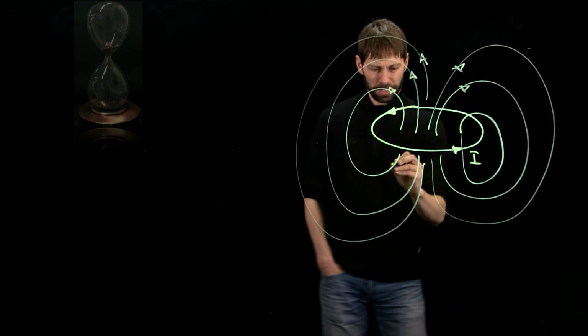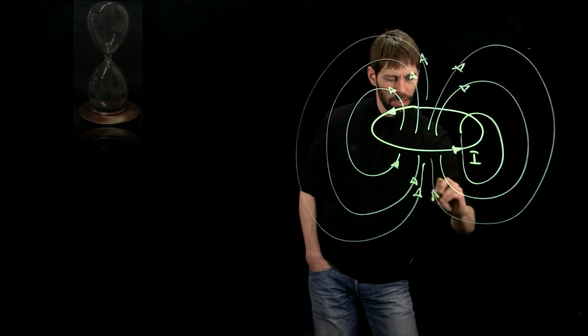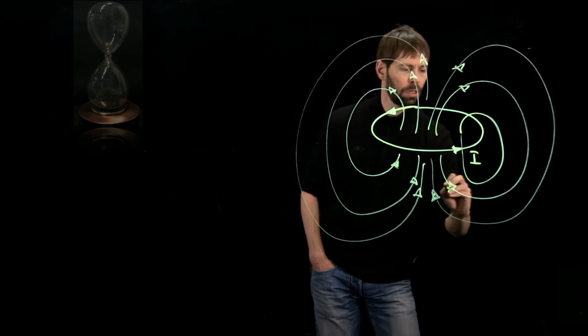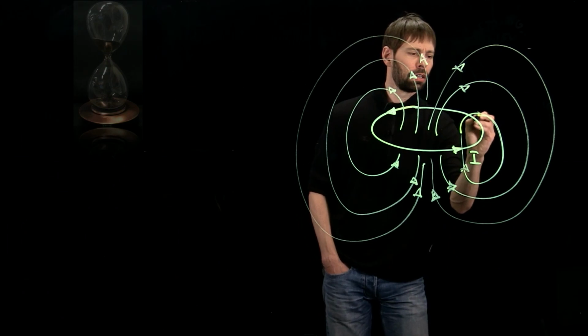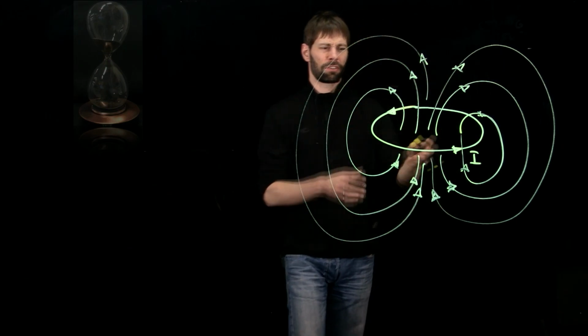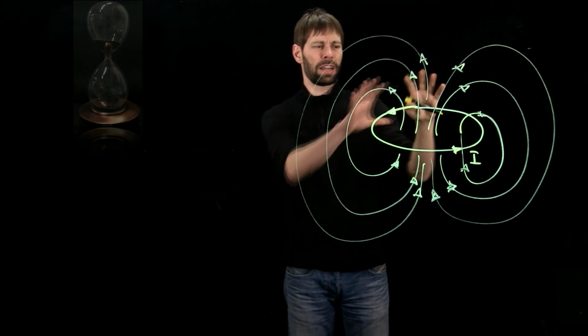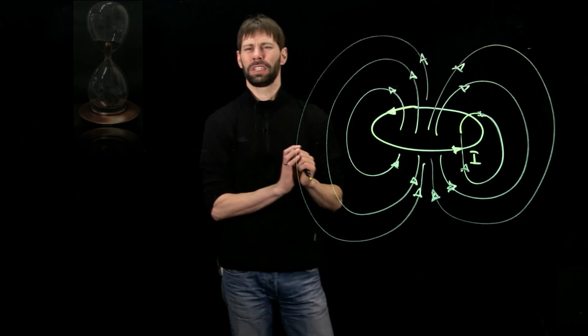Now it's an interesting aspect of these field lines. When you look at them, you might consider drawing a little container around the current carrying loop, and imagine that you wouldn't see what's inside of the container.